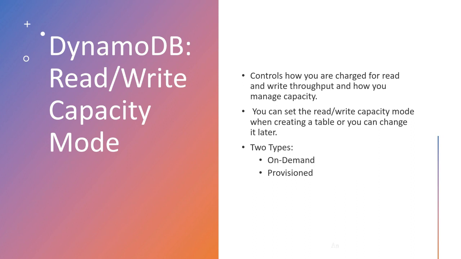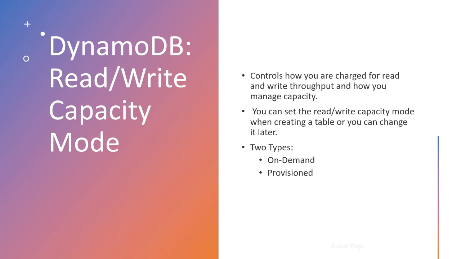Now there are two types of capacity modes available: on-demand and provisioned. On-demand capacity mode is truly a serverless mode of DynamoDB. In this mode you are billed for the exact amount of data reads and writes that you do for your table, and you don't have to provision any upfront number when you are creating your table.